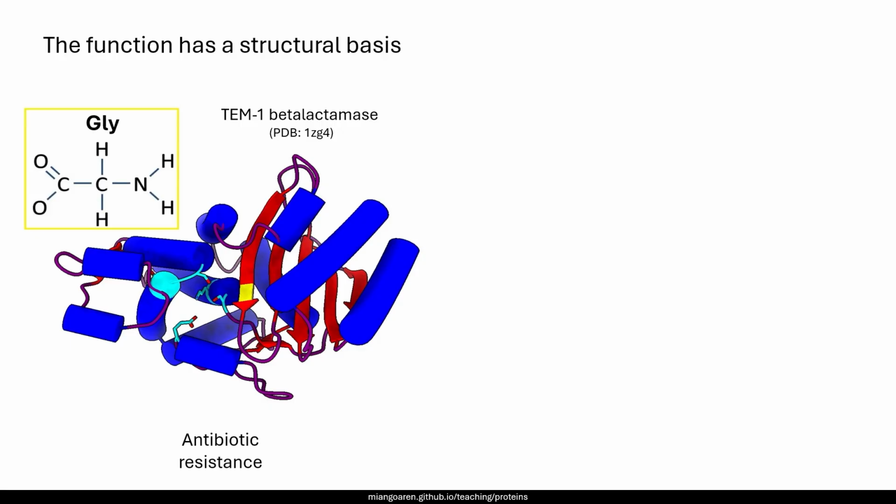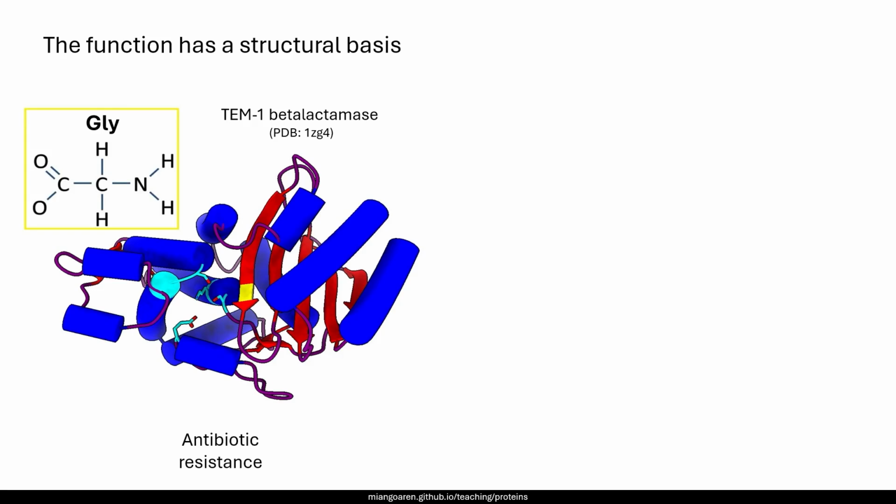And it is really very relevant to understand in structural terms how a protein is configured, because if we understand its structure, we can also understand things like its function. For example, here we are going to address an enzyme called TEM-1 beta-lactamase, which is responsible for destroying a type of antibiotics called beta-lactam antibiotics, such as penicillin, cephalosporins, monobactams, or carbapenems.